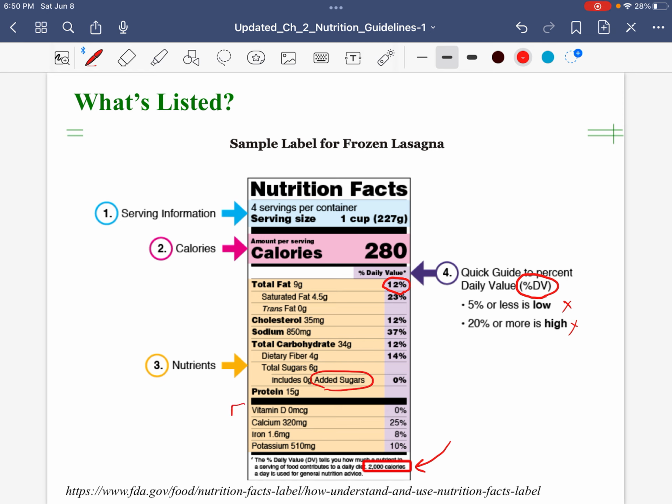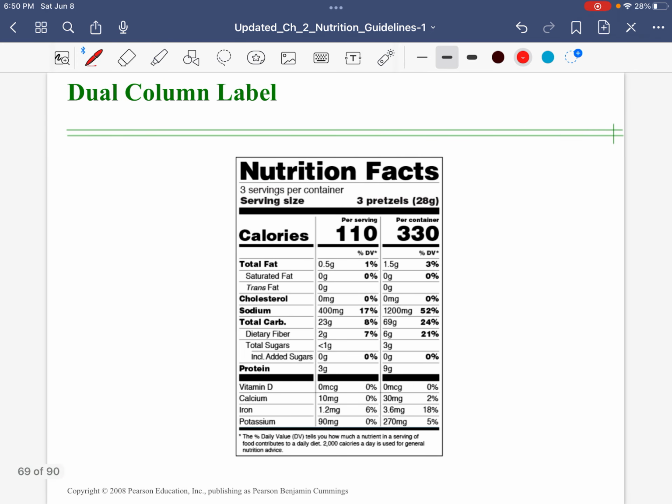You can see here vitamin D, calcium, iron. Okay. So you also will see sometimes there'll be a dual column label where it has per serving, but then per container, where they do the math for you. But everything else is identical. The percent daily values based on a 2,000 calorie diet.